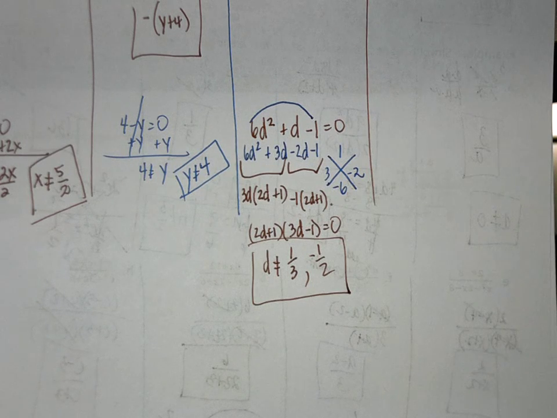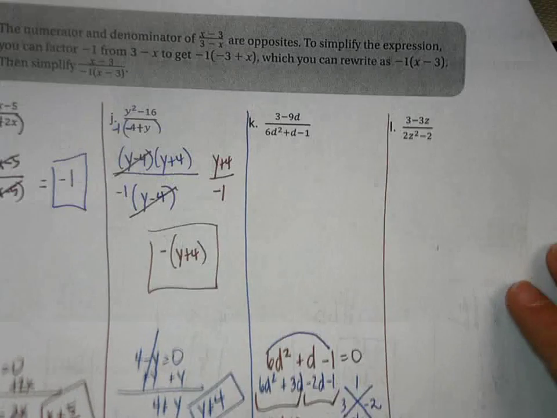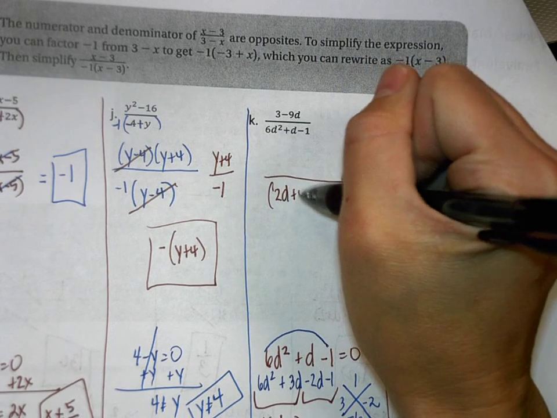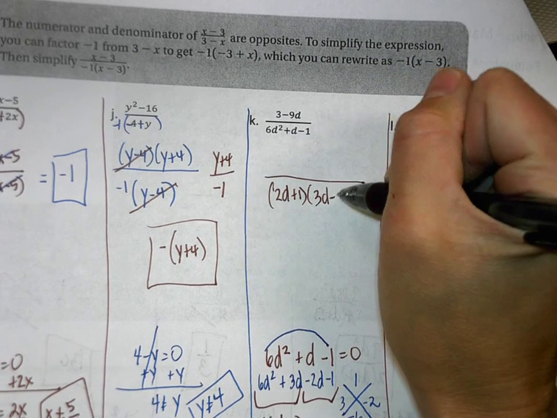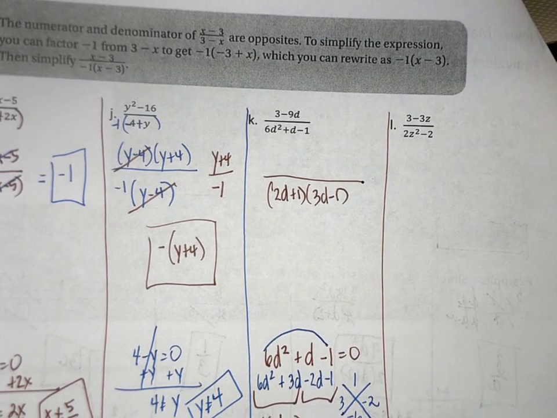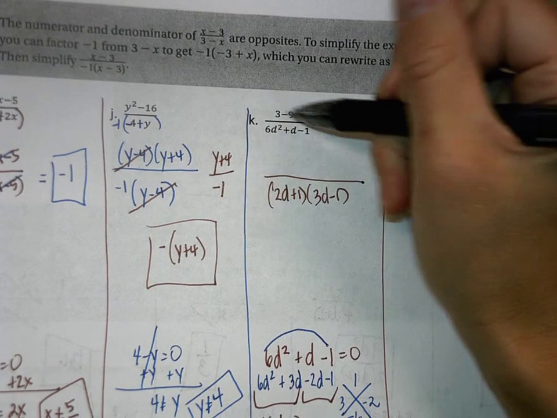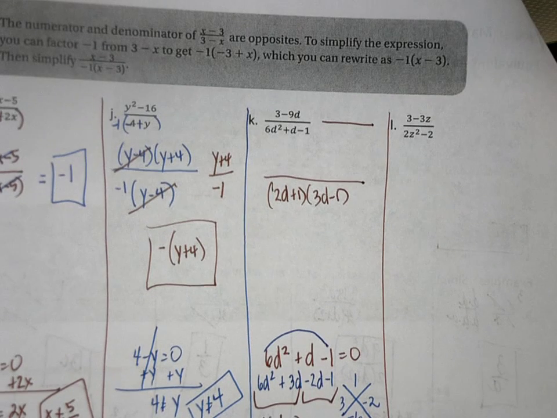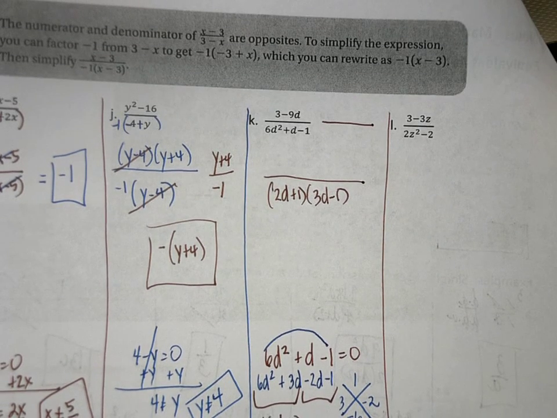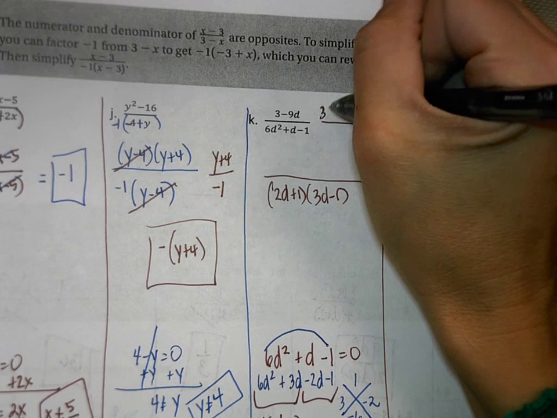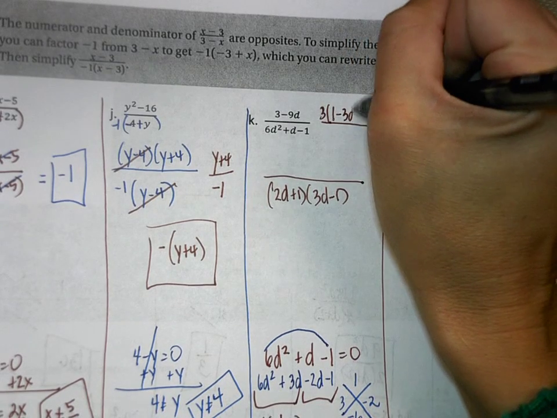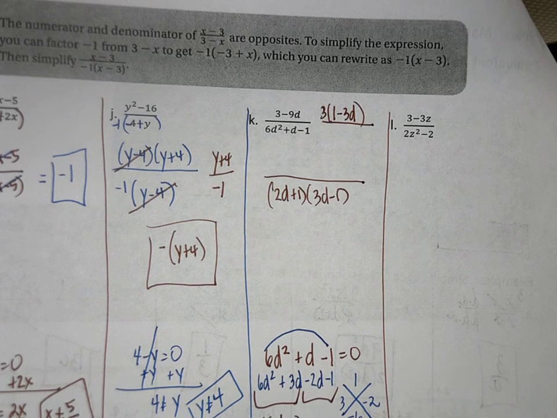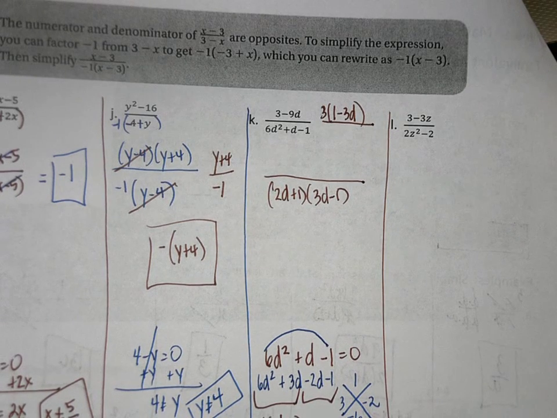Okay, so going back up here, if my denominator is 2d plus 1 and 3d minus 1, what could I do on the top? Okay, so if I take out a 3, I'm left with 1 minus 3d. So what more would I need to do? Right, we want to take out a negative 1 or a negative 3.